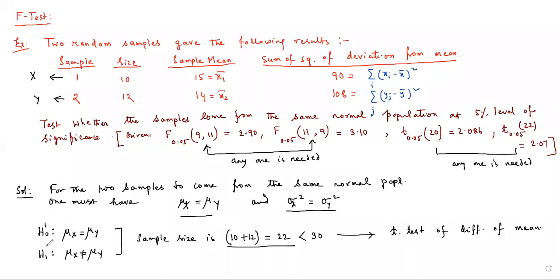And since we are going to consider two null hypotheses at a time, we can change the symbol to H01 and H11.